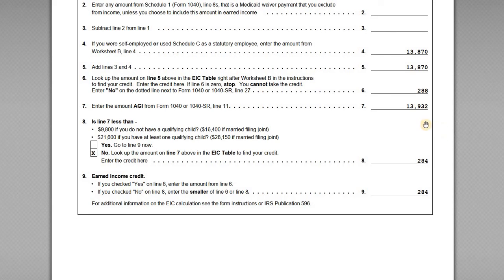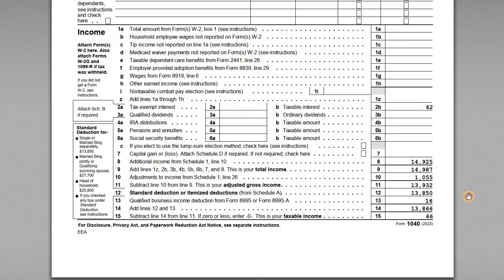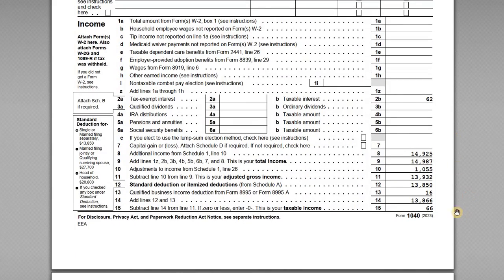So line 7, we have AGI from line 11 is $13,932. So what went into that figure? The $13,932 on line 11 is reported there, and that total comprises the interest income. So we had some investment income.